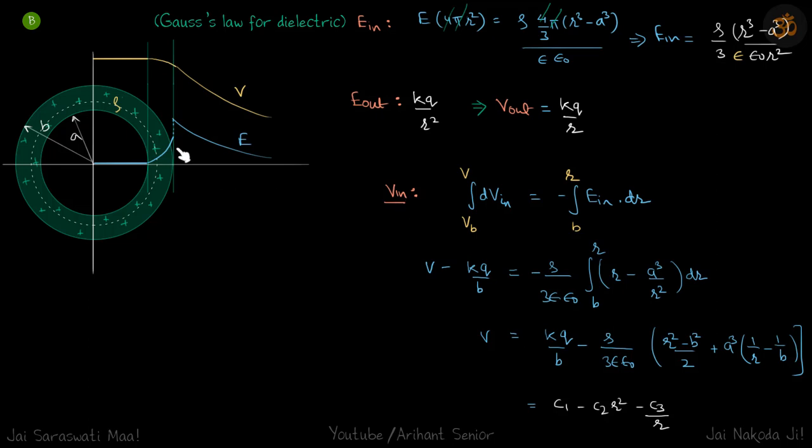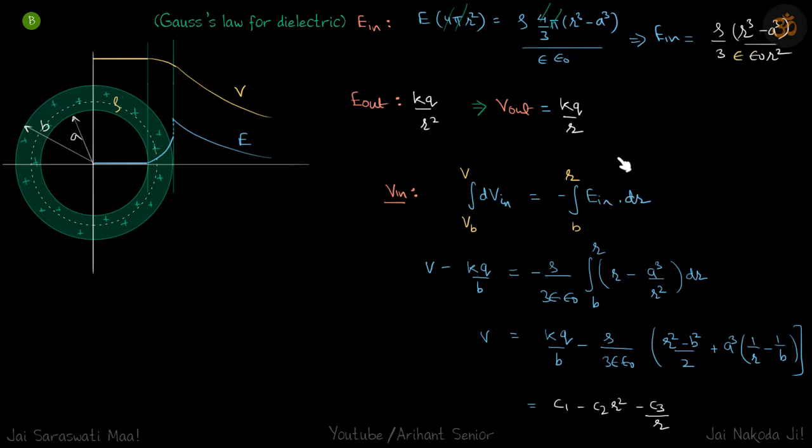Now V in is again tricky. So again, just like in the previous one, we are going to go from the surface to the inside point. So on the surface, we have the potential as VB. So the limits of V will be from VB to V, and limits of R will be from B to R. And here we'll put E in.